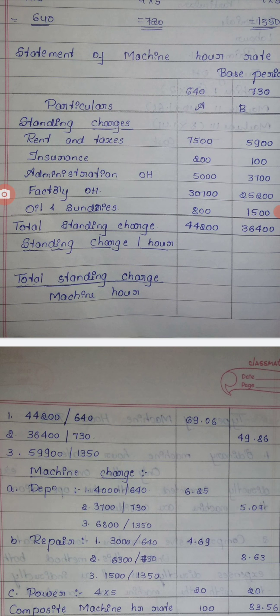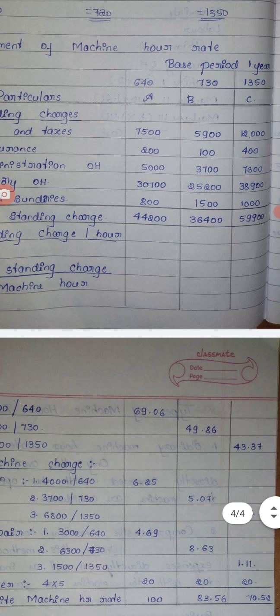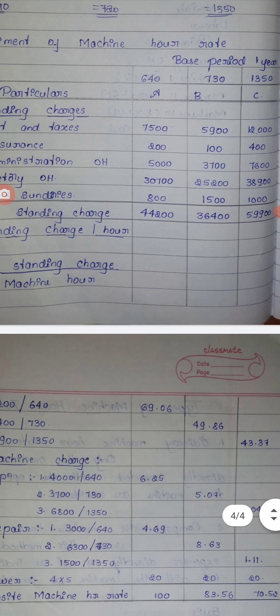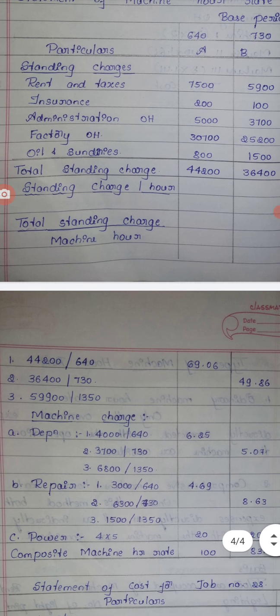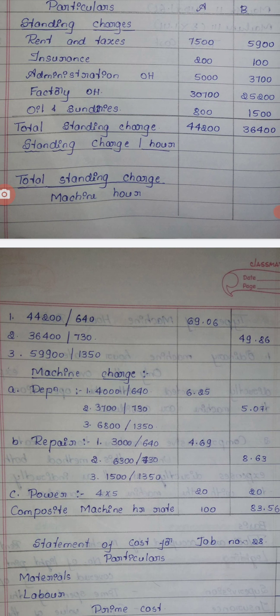Once you get the machine hour, you write it on the top. Since it is 3 machines, we have written like this. If it is 1 machine, then 2 columns are prepared: one for total cost, another for per machine hour. So we have 2 divisions: standing charges, which means fixed expenses, and variable, which means machine charges.